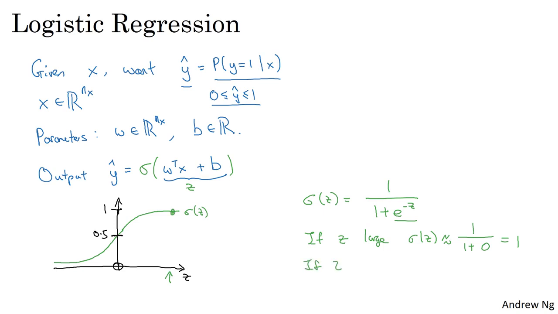Conversely, if z is very small, or if it's a very large negative number, then sigmoid of z becomes 1 over 1 plus e to the negative z, and this becomes e to a huge number, so think of it as 1 over 1 plus a number that is very, very big.